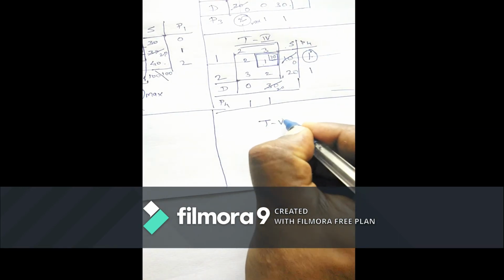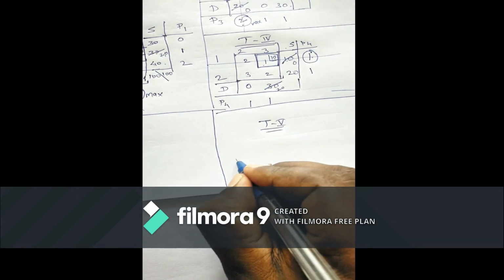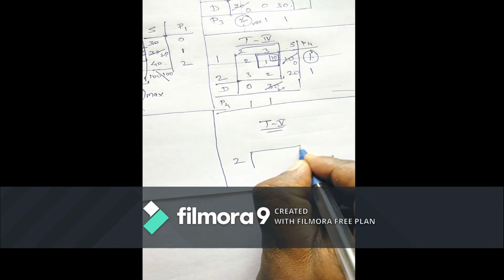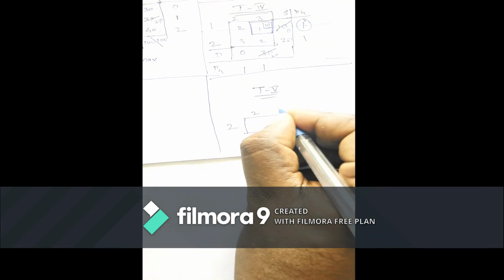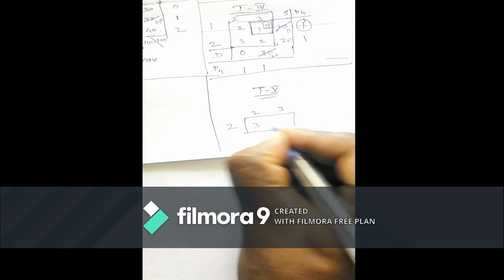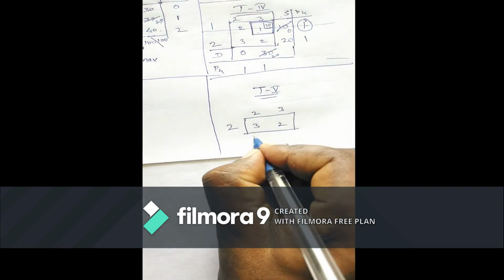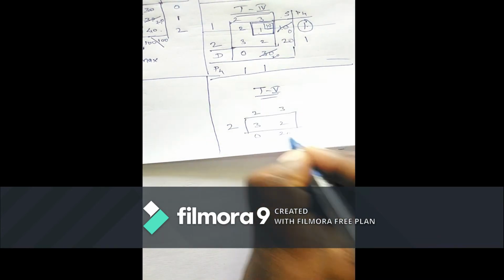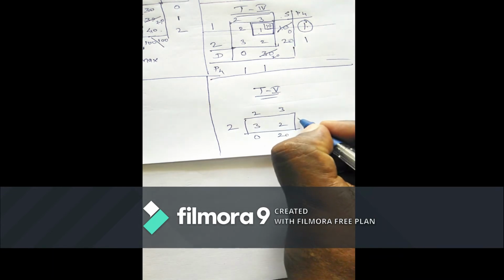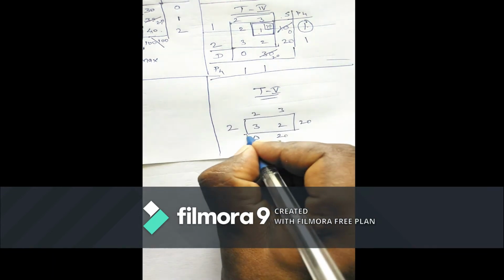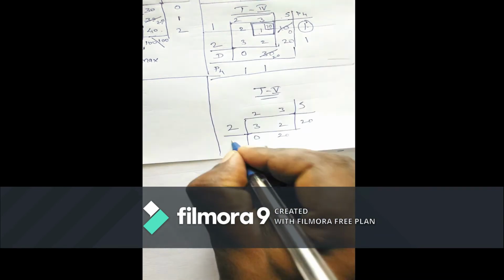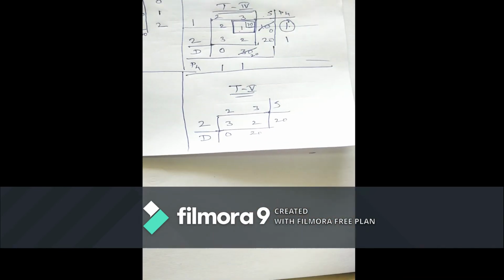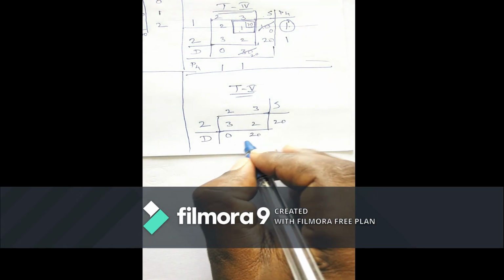So table number 5, second row, second column, third column, values are 3 and 2. Here 0, here 20, and here also 20. Here supply, demand. So no way to find the penalty. So just listen.